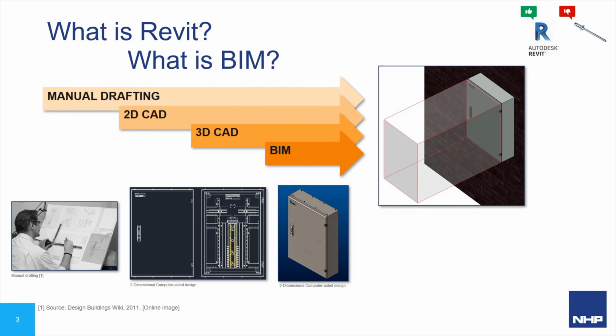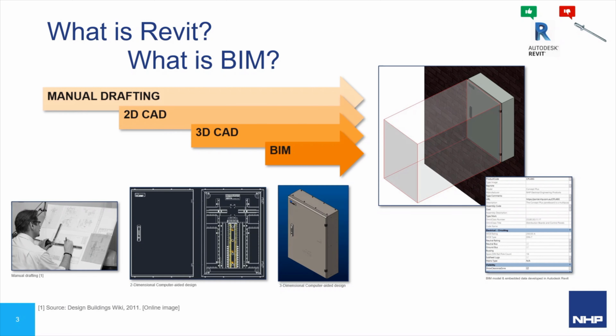Now suppose you can embed information into that panel board, information such as material, color, density, weight, manufacturer, where it can be used, how it can be used, website links, all of this in a single file, a single source of truth, if you will.